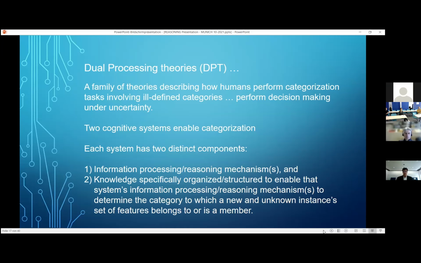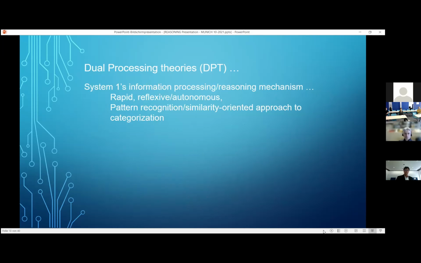There's an information processing mechanism, and then there are knowledge structures that are organized to enable the system's information processing or reasoning mechanism to determine the category to which a new and unknown instance, a set of features, belongs or is a member. So this is the core of dual processing theory. There are two systems. Each system has two components.